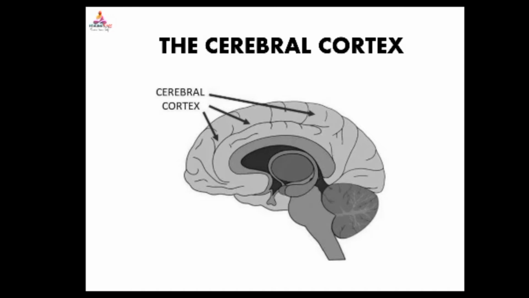Next is the cerebral cortex. The cerebral cortex is the surface layer of gray matter covering the cerebral hemisphere. The cortex represents the highest degree of evolutionary development of the human brain, both in its relative size to other parts of the brain and its range of functions.